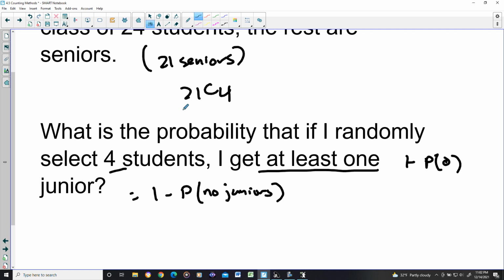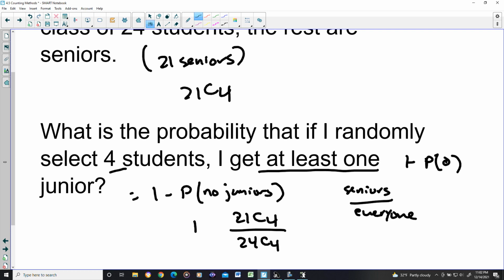So it's 24 choose 4. So the probability that we get no juniors is equal to seniors out of everyone. And so it's 21 choose 4 divided by 24 choose 4.